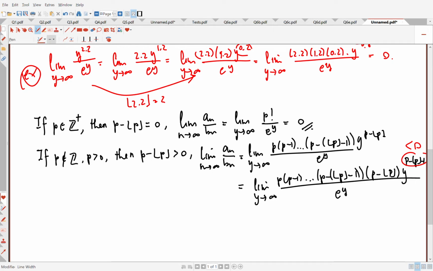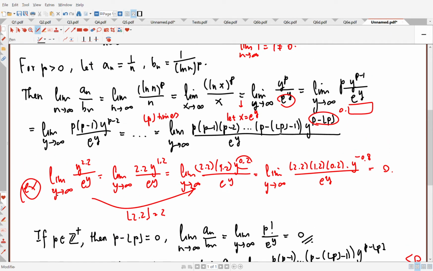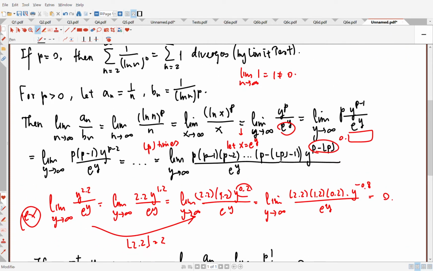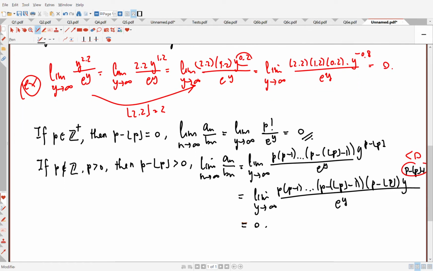Okay, so this limit is equal to 0. So for all cases, if p is more than 0, no matter whether it is an integer or not an integer, we have that the limit of an over bn is equal to 0.